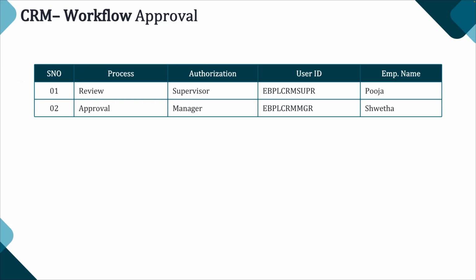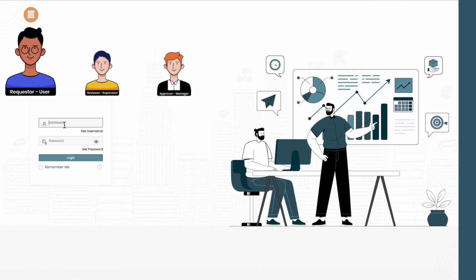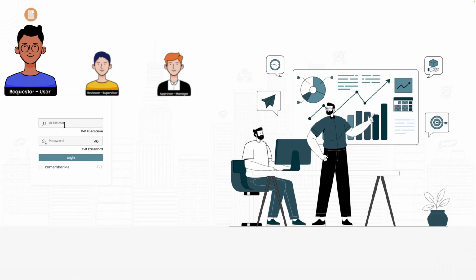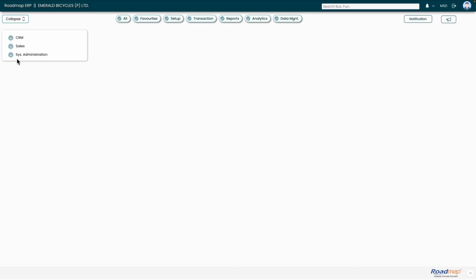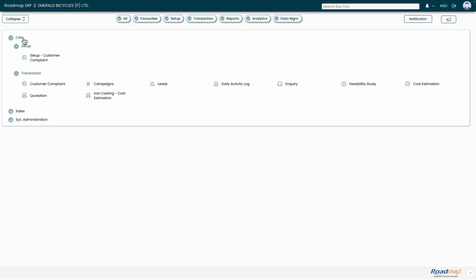Now, in order to create an inquiry, let's move on to our login page. This is our login page, and here I'm entering as our user. After entering your username and password, click on login, and now click on your CRM. Under transaction, inquiry falls up, so click on inquiry.